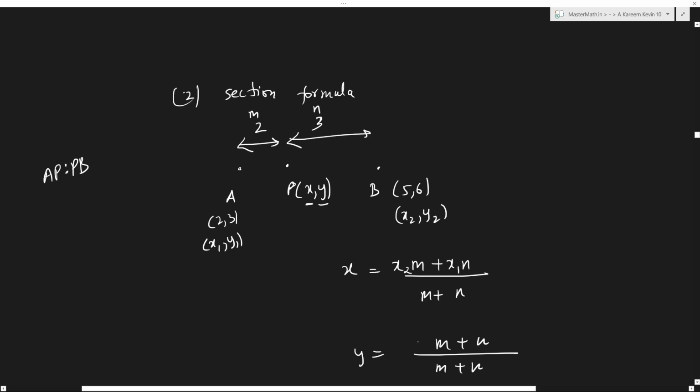Similarly for y, m goes with y2 and n goes with y1. So this would help us find the coordinates of P. This is the section formula. Easy?